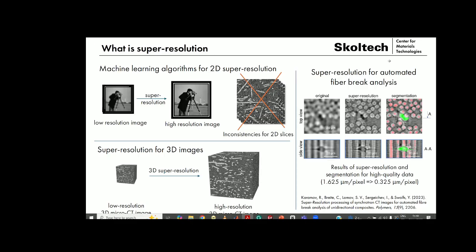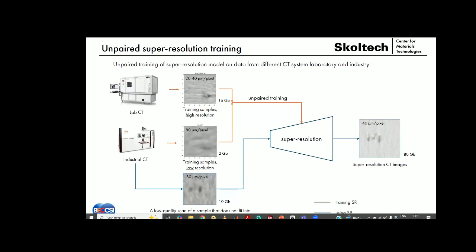We already tried this algorithm for automated fiber brick analysis. This was done with Catholic University Leuven, and we had good results. It was published, and here we tried to implement this methodology for industrial CT. So the idea is the following: we have industrial CT and lab CT.